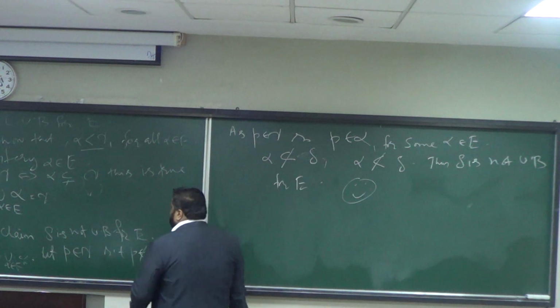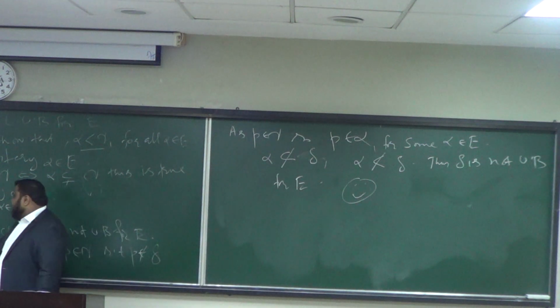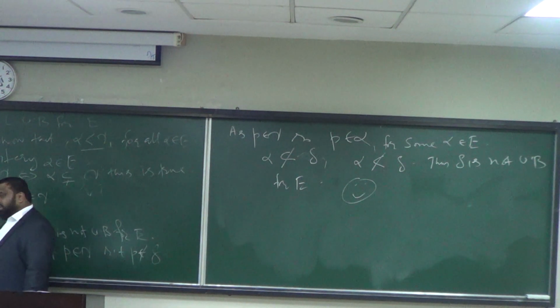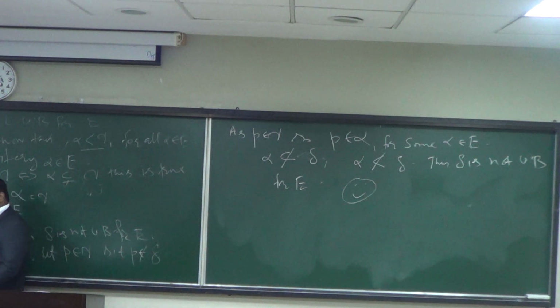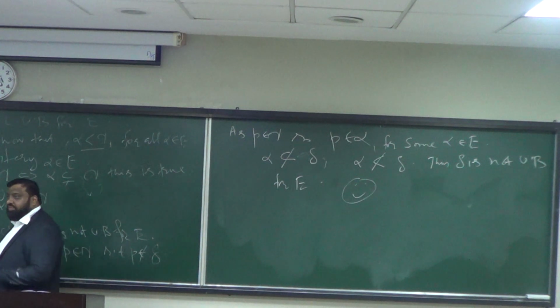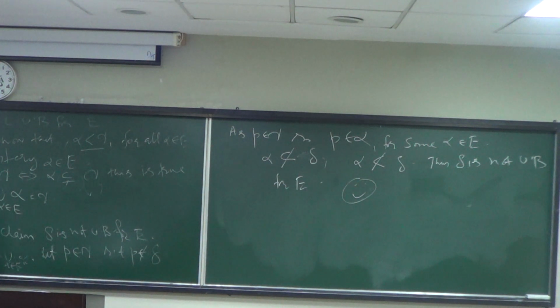So delta is basically a cut smaller than gamma. And if you recall the definition of least upper bound, the second property says that if you want to prove something, say gamma, to be a least upper bound, the first thing is that it should be an upper bound. That's what we showed. And the second thing is that if you take something smaller than gamma, then it can't be an upper bound.